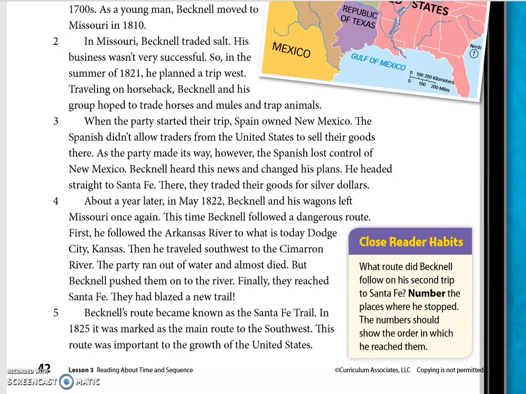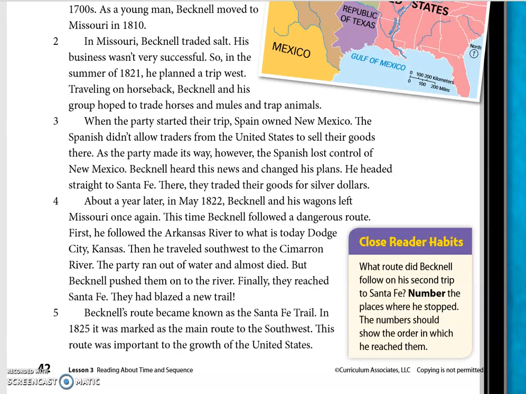Let's look at our close reader habits. What route did Becknell follow on his second trip to Santa Fe? Number the places where he stopped. The numbers should show the order in which he reached them. Boys and girls, if you'll notice, our first number will be in paragraph 4.